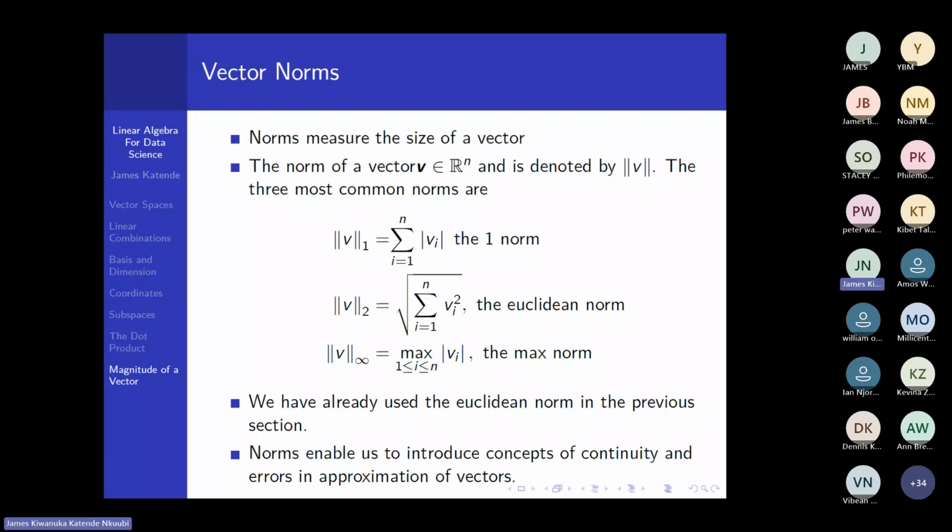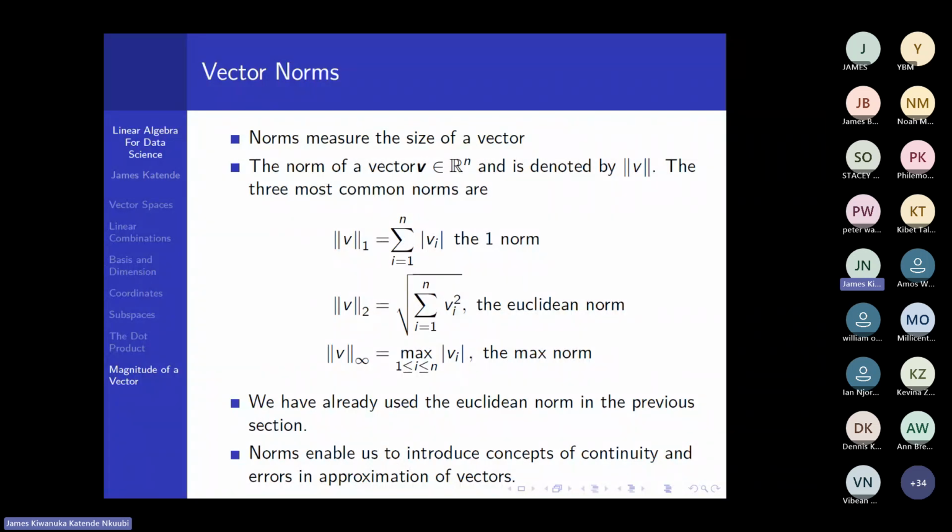There's a reason behind the L1 and L2 for those who did measure theory. That might make sense, but you don't need to know measure theory to work with this. So this is the same thing we have done just before. It's just the Euclidean norm.